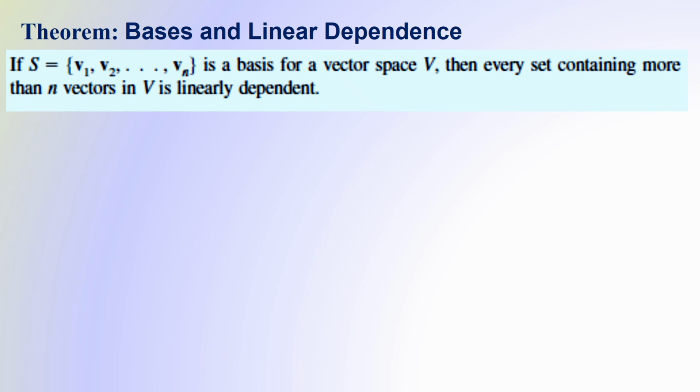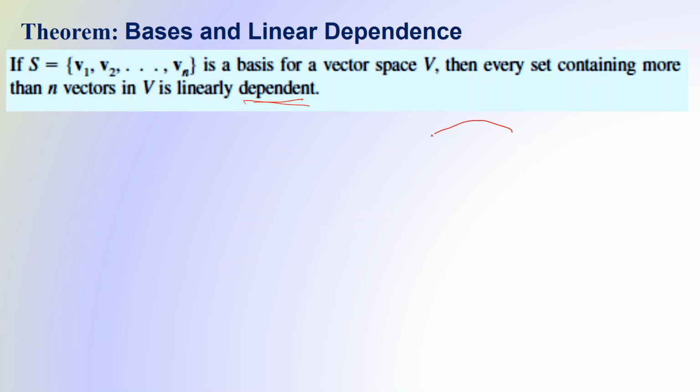Now we go to the next theorem, basis and linear dependence. If S, containing the vectors v1, v2, ..., vn, is a basis for the vector space V, then every set containing more than n vectors in V is linearly dependent.